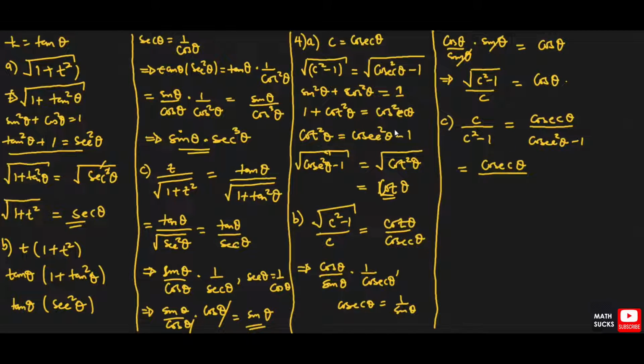From here we have already seen that it is equivalent to cot squared, so that means I'm having this as cot squared of theta. Now we can modify, and recall that cosec theta is the same as 1 over sine theta, but cot in terms of tan is 1 over tan, and tan is sine theta over cosine theta.